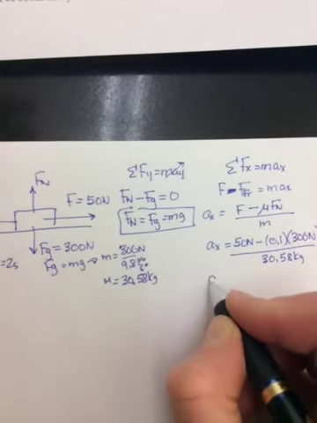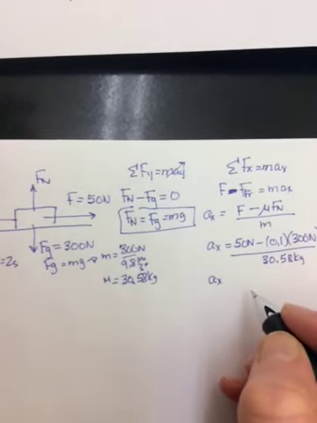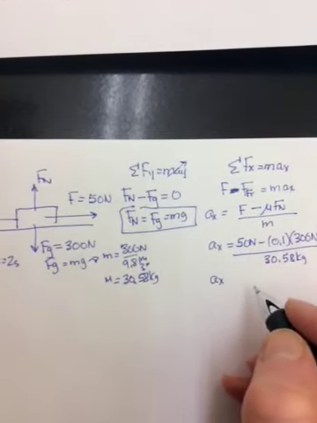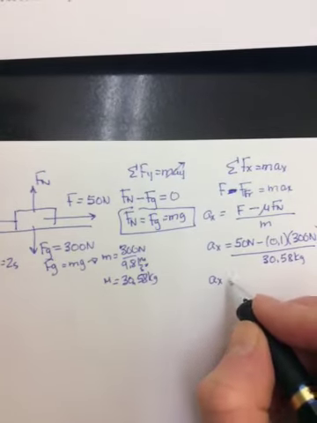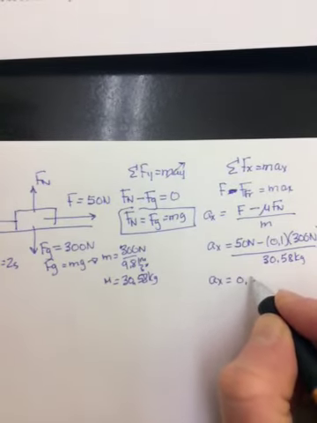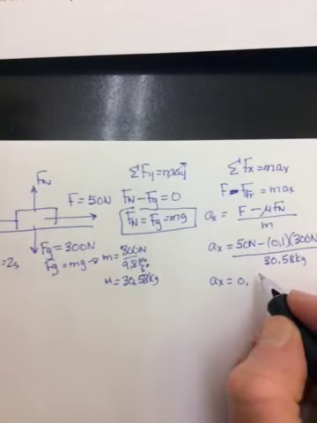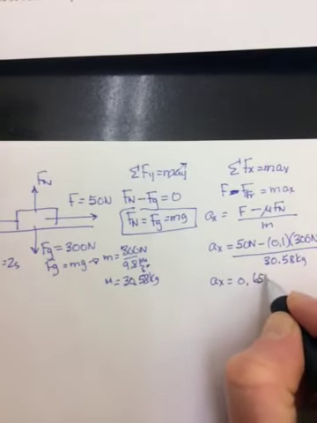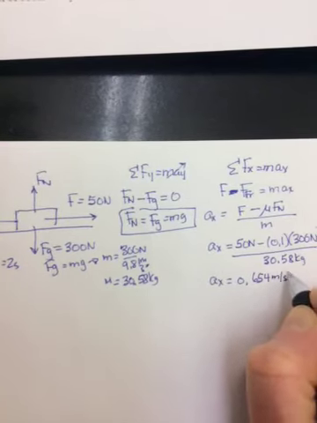So on the top you get 20, and on the bottom you have 30.58 kilograms. So you should get an acceleration of 0.654 meters per second squared.